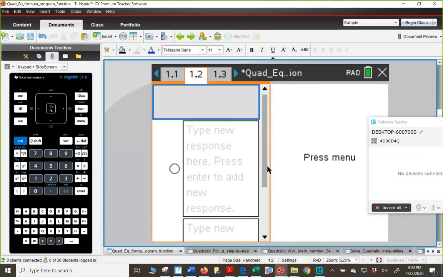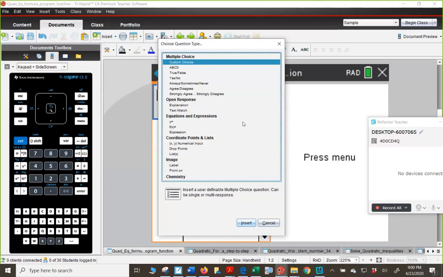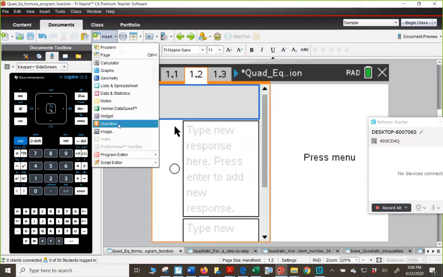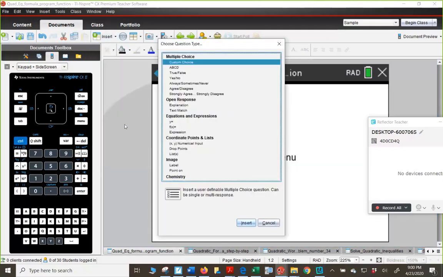Do I even want to do it that way? Let me do this one more time. Let me go with insert question. Let's do a graph like y equals or f of x equals. A question that has a graph in it down there, equations and expressions.